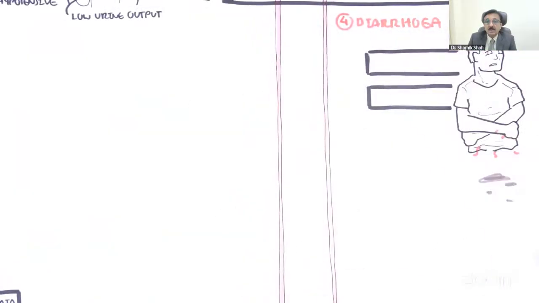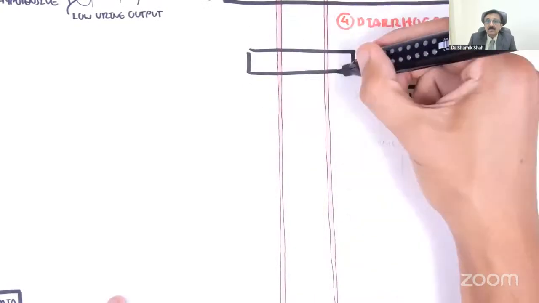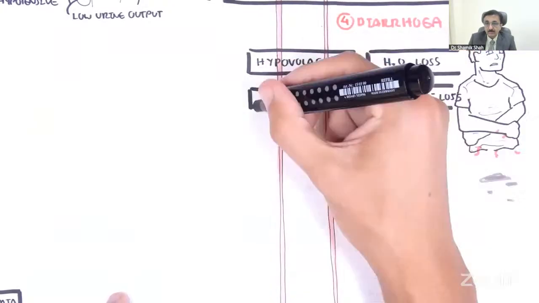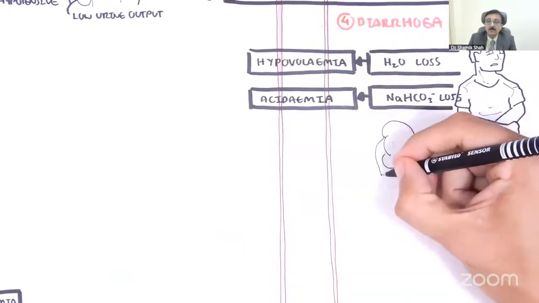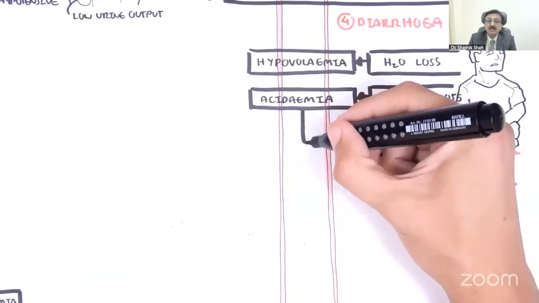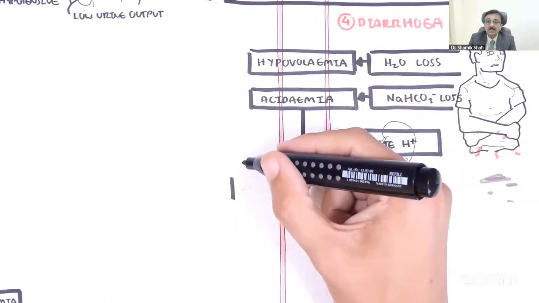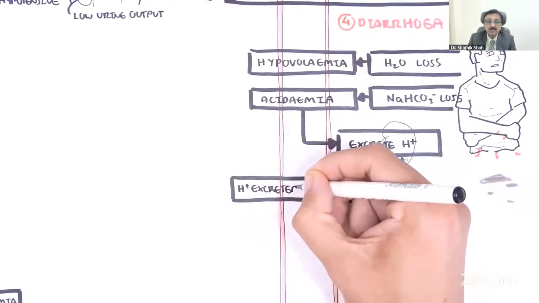Another important cause of hypovolemic hyponatremia in clinical practice is diarrhea. We know that there is a loss of fluids, which of course causes hypovolemia. And also from the diarrhea, there is a loss of bicarbonate. Because the bicarbonate is lost in stools, there will be acidosis. Acidosis causes the kidney to come into action and excrete more hydrogen ions to balance this out.